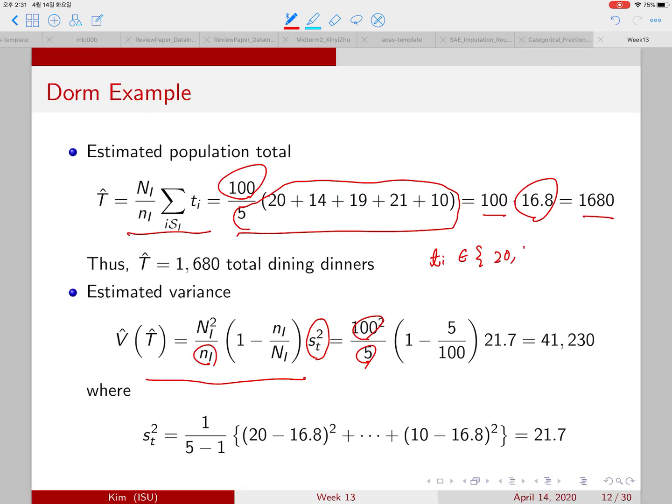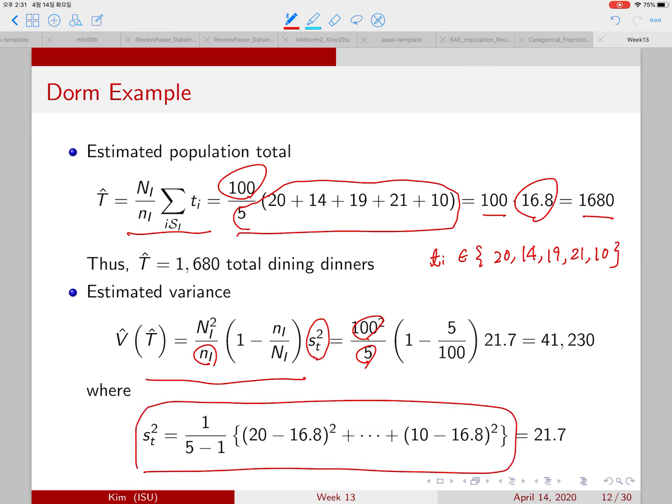Using this formula, we compute the sample variance, and we get 21.7. That goes in here to get the variance estimator.